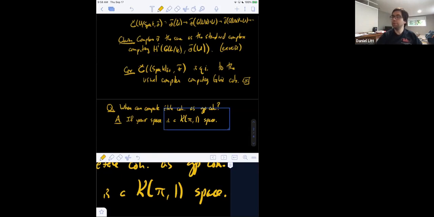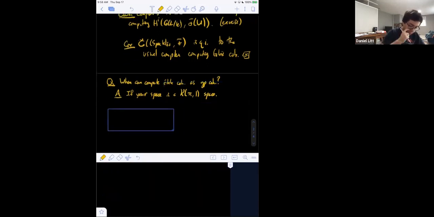Are there any other questions? Okay, well, if not, then we're going to move on. So the goal for the next few class periods will be to try to compute the étale cohomology of some actual spaces. So maybe let me actually write that out.